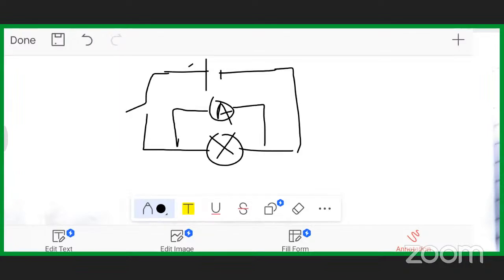So when the current is flowing, at this point it meets a junction. This route will have very little resistance compared to this route. So most of the current, not all, take note of that, not all, most of it, a good number of them, will tend to flow through the ammeter and bypass our bulb.